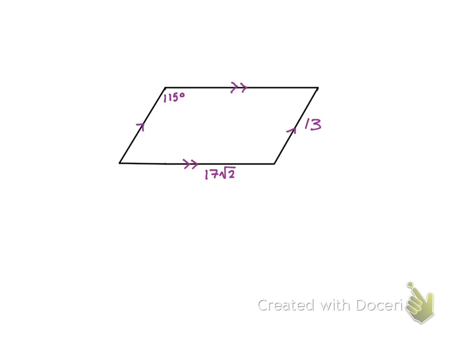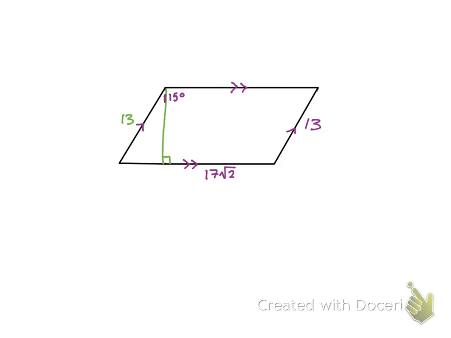The last one we have is if this is not a typical 30-60-90 triangle that we might draw in here. In fact, this is not a 45-45-90 either because of this 115 degree angle right in here. So we need to decide how we're going to solve for this. And I'm going to rewrite this 13 on this side.